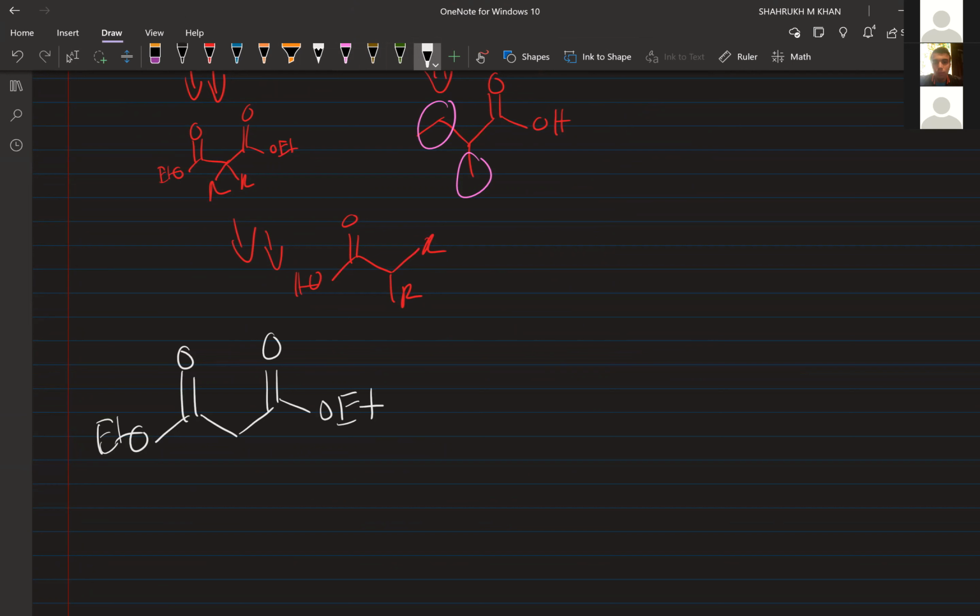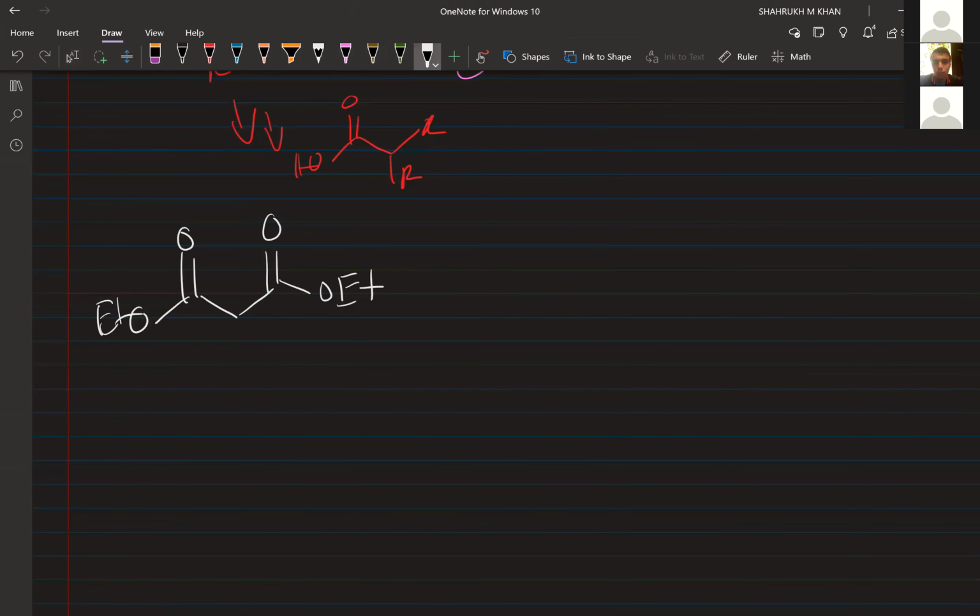Now, what do we need in order to turn this into a nucleophile? We need a base. Can we use NaOMe or any strong base? Why not? Exactly. That's a process called transesterification.